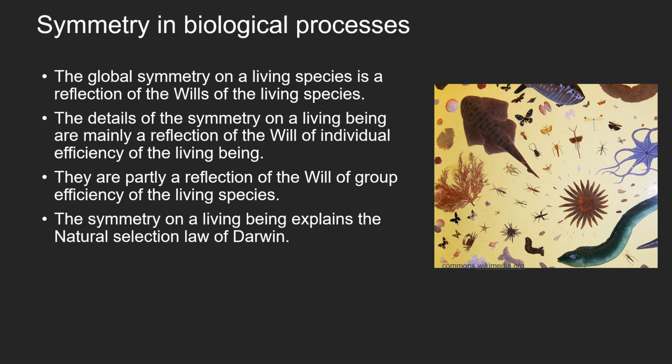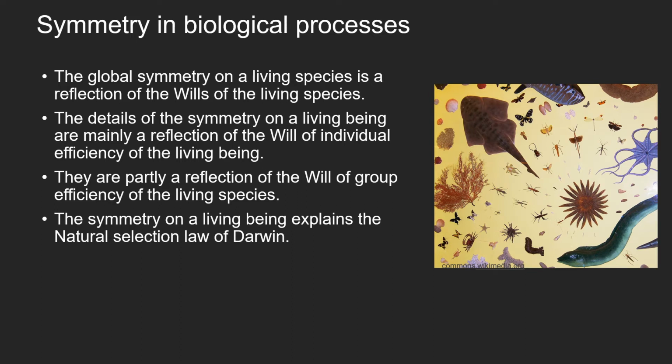As I explained earlier, biology is driven by the will of individual efficiency. The four wills of a living being are reflected in its body structures. The symmetry on a living being can be classified into two levels. The first level is the global symmetry.